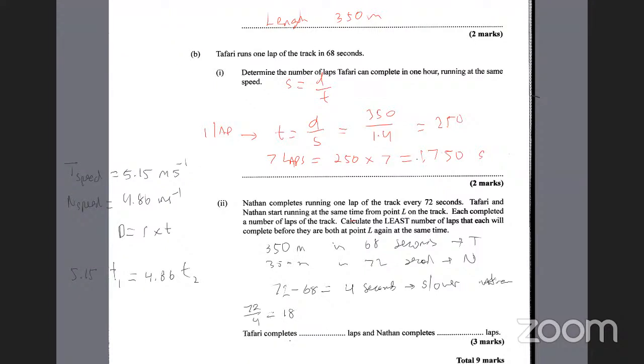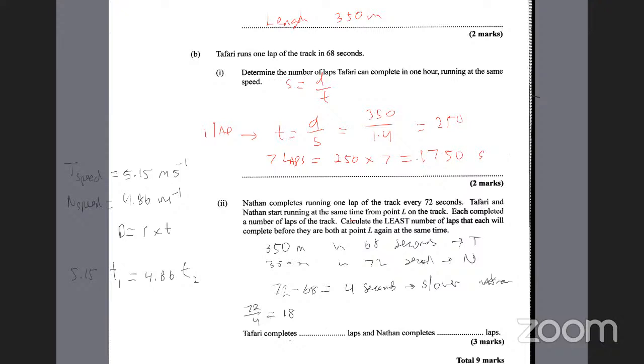So by the time Tafari makes 18 laps, right? So by the time the least number of laps each will complete. Right? So Tafari completes 18 more laps.